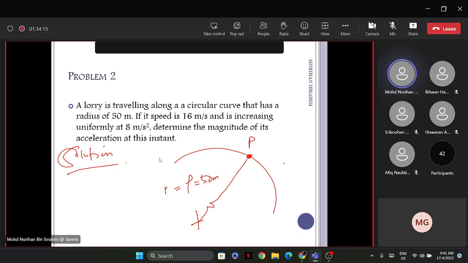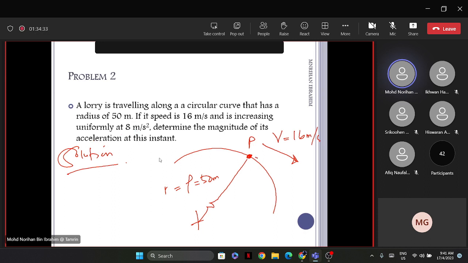If its speed is 16 meters per second, so at this instant it has the speed V equal to 16 meters per second, and is increasing uniformly at 8 meters per second squared.